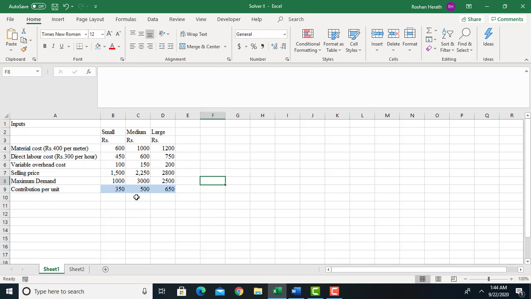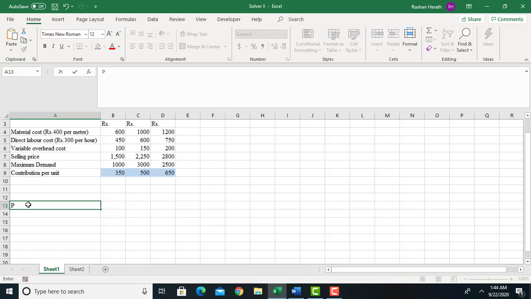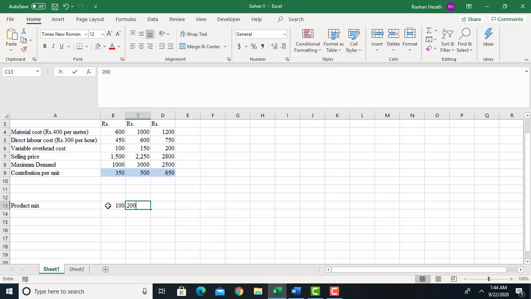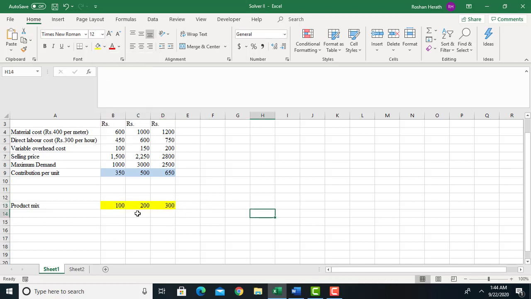And another information that you might require in the process, that is definitely the product mix. Product mix has to be there. So you need to decide what must be the units to be manufactured. So you can just have a particular number. It's like 100, 200, 300. I might put some assumed figures. And this is going to be your output and one of the important information.